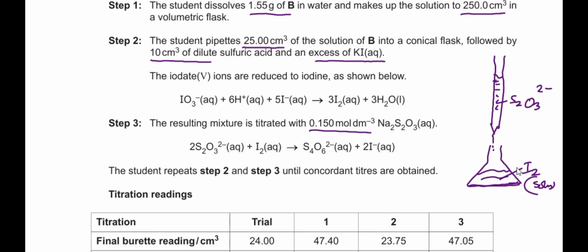Now if we add starch at the beginning itself, iodine will bind strongly with the starch, and therefore even after the iodine is completely reacted with thiosulfate, that blue-black color of the iodine will still remain. Therefore we should remember to add starch only near the end point.